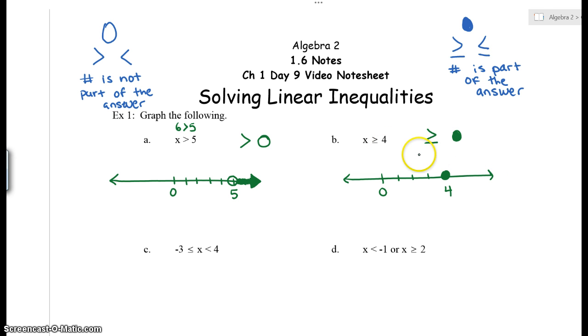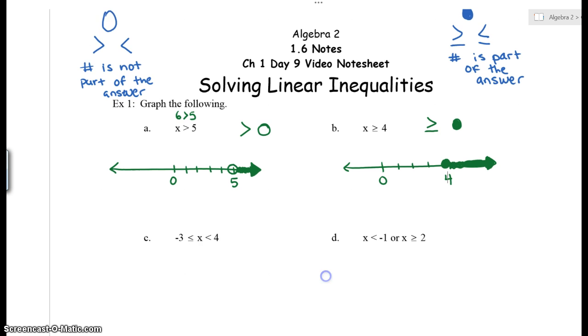So, well, numbers that are greater than or equal to 4 are 4, 5, 6, 7, and so on. So I'm going to once again head to the right direction. All right. So let's go on to, now every problem will be a little bit different, so don't think that all of the arrows are going to face to the right. That is not true.